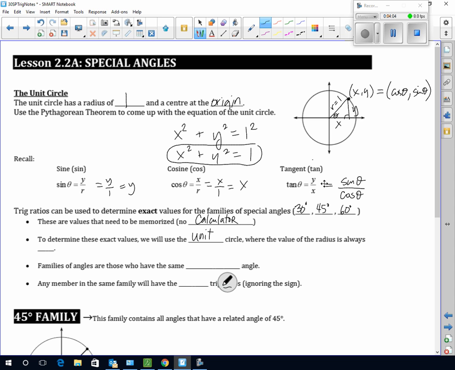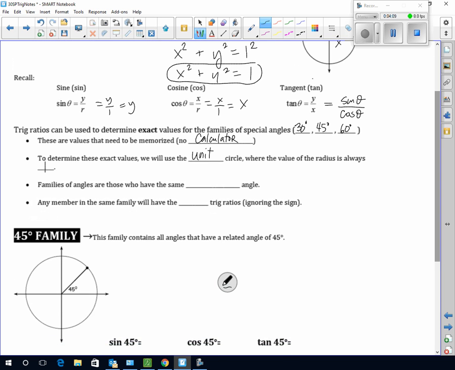Families of angles are those who have the same reference angles and related angles. Remember we were talking about this yesterday? Yes? So if I get a 30, these are the reference angles. Anything that has a reference angle of 30 will be in the same family.